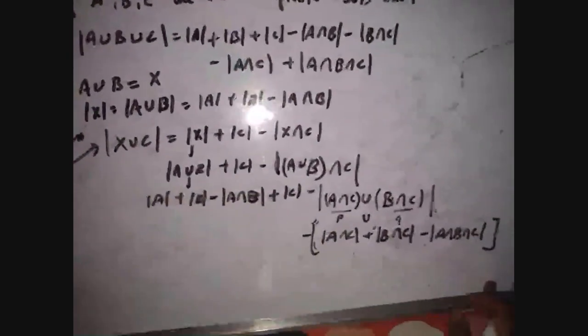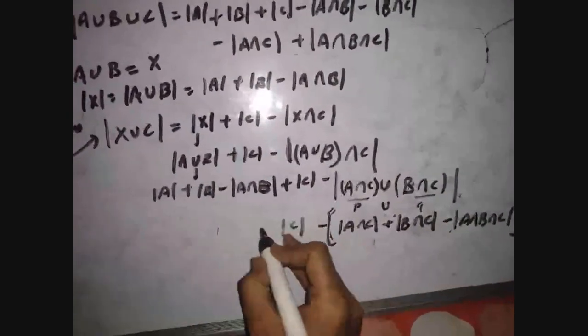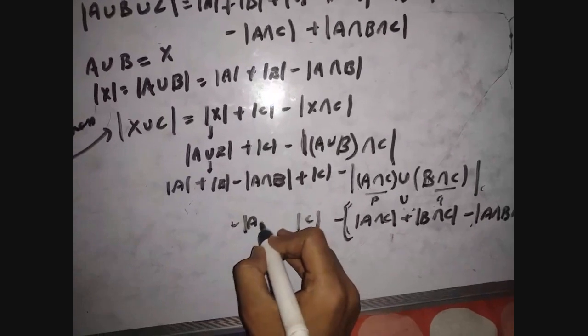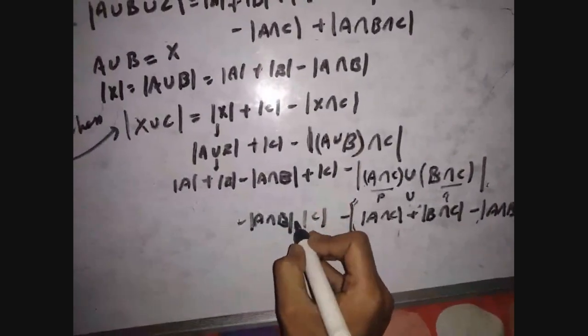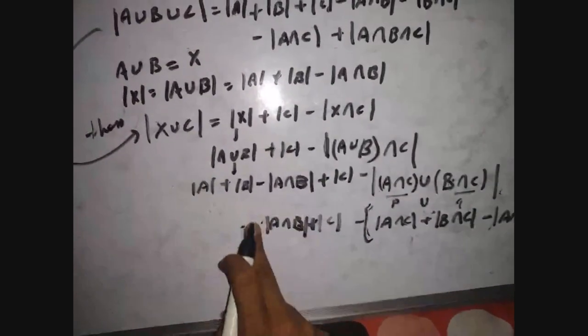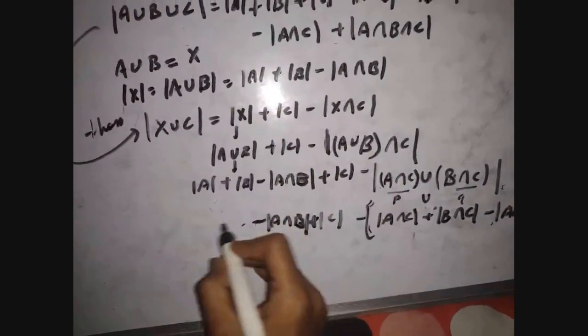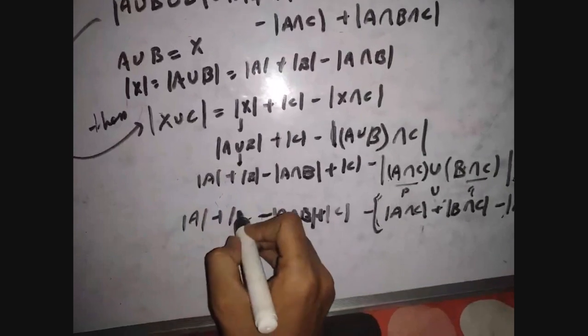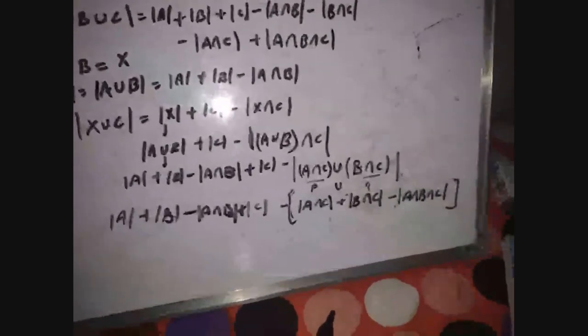Okay, and we can keep writing these terms. This is minus actually, so this will be minus. This is cardinality of A plus cardinality of B. So now we can see that we have actually proved this.